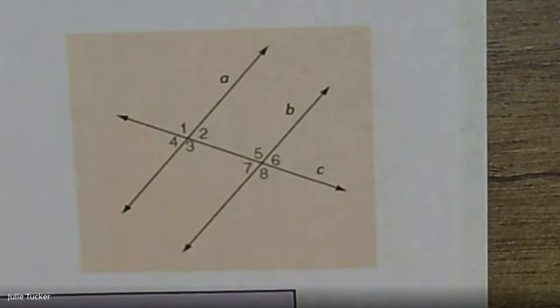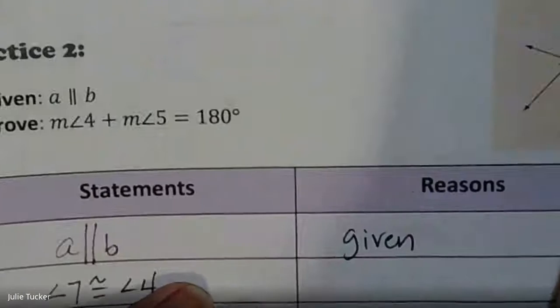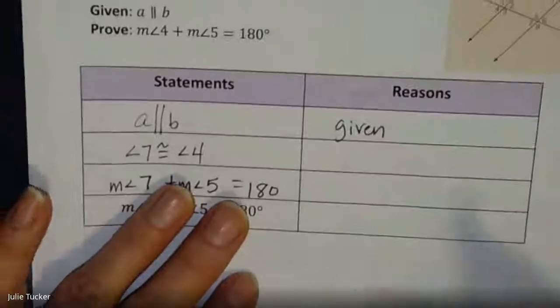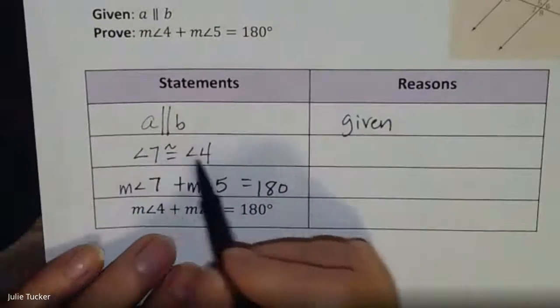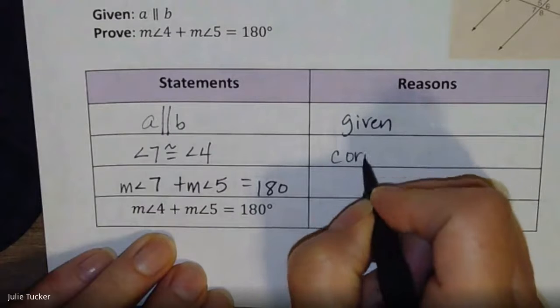So nope, they're not a linear pair. Cool. Yep, corresponding. Nice job. So let's put 7 and 4 are corresponding.